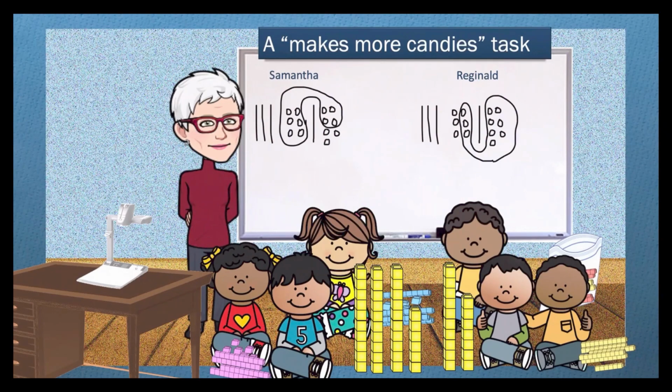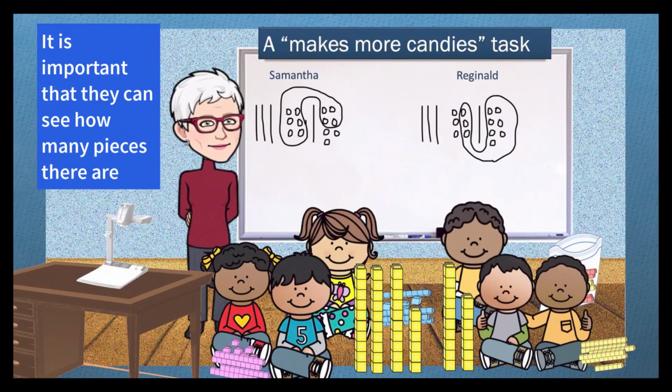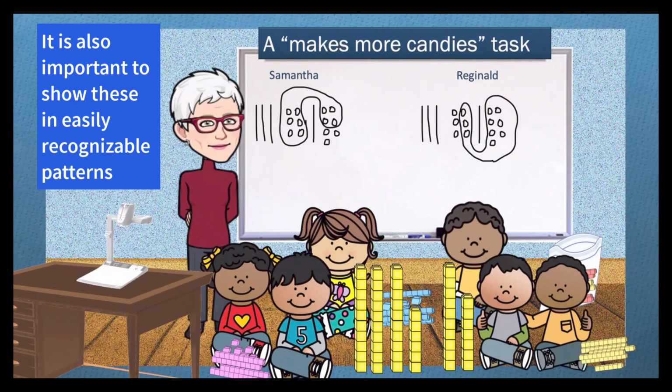This is important in the notation the teacher shows because children are looking at the teacher's notation from a distance. So it is important that they can clearly see how many pieces there are. For this reason, it is also important to show these amounts in easily recognizable patterns. Here we show 6 as 2 columns of 3 and 7 as 1 column of 4 and another of 3.